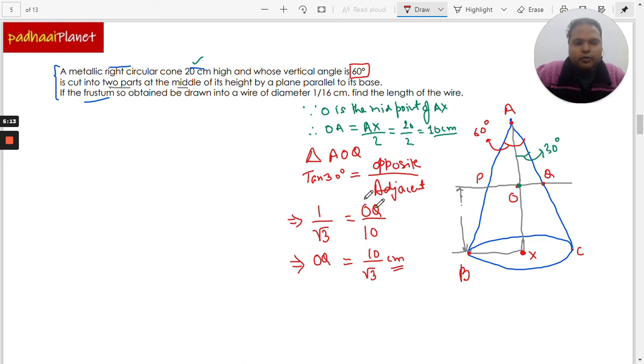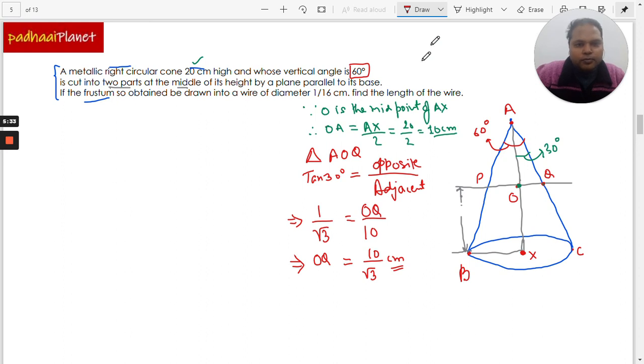Now we also need to find out BX, which is the radius of the other end. So we will use the same approach, and this time, instead of taking the triangle AOQ, we will take the triangle ABX, the bigger one.